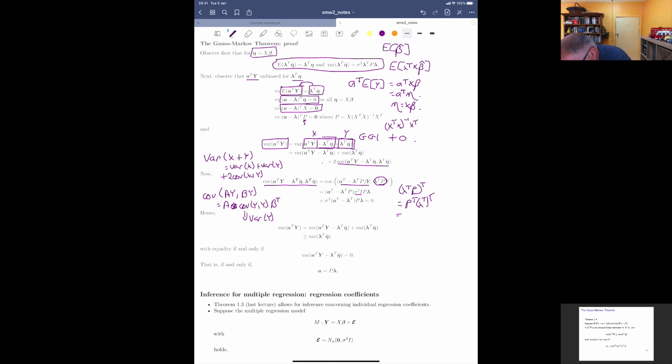P is nice and special. You'll see in the tutes, and we saw last week, that it is its own transpose. And lambda transpose transpose is lambda. So that's how I get that term. This one is just this one here. This is a nice scalar. It comes out the front, and I've got this value here.